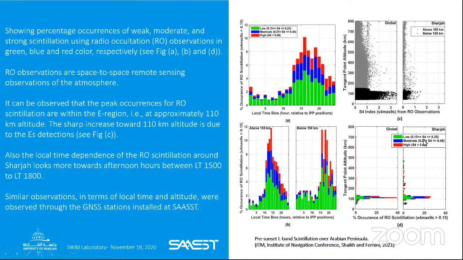So on the right, in plots C and D, we try to understand the vertical structure of the irregularities that we can expect in the ionosphere. On plot C, on the top right, you can see that one is the global view, and the other is the Sharjah view, which is just selected from the very close by events in Sharjah.